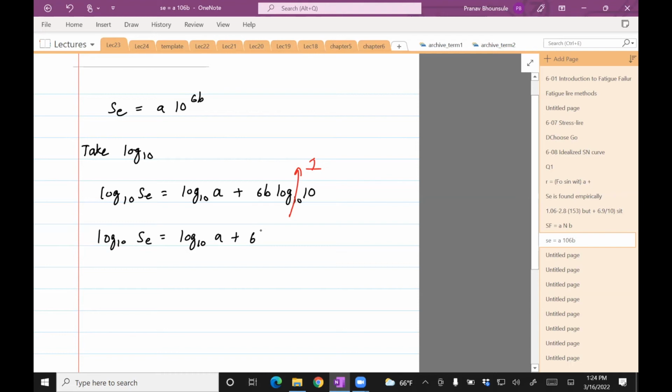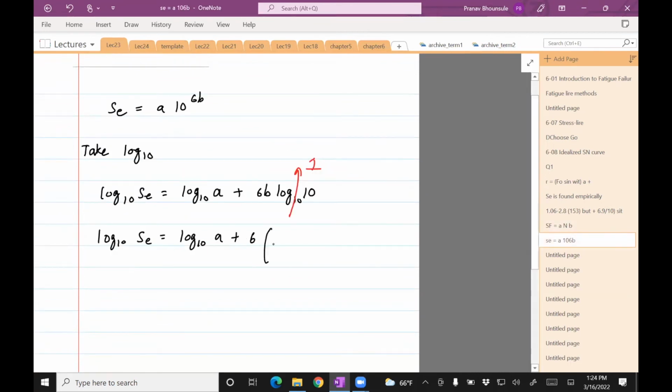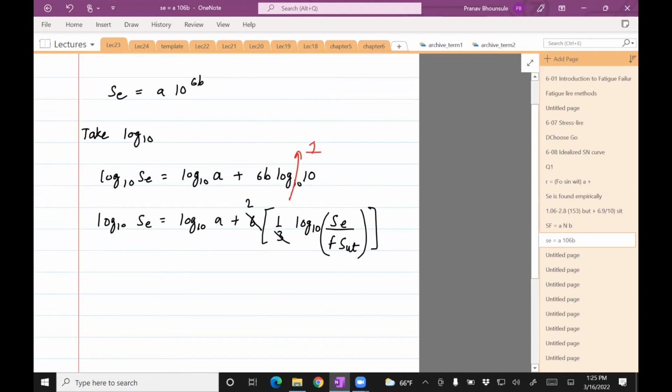Okay, but we know what the value for b is. It's right here. B is 1/3 log 10 SE divided by F SUT. So that would be 2 times log 10 of SE divided by F SUT. When we are solving for A, we'll move this term on the right side to the left side.